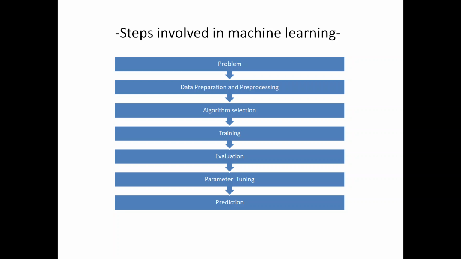We provide input and based on our model, predictions are made. For example, in our previous case, we have to classify whether the image is of a cat or a dog. Now, for the prediction, we provide images and then we take predictions on that image, whether the image is of a cat or a dog. So these are the steps involved in machine learning.